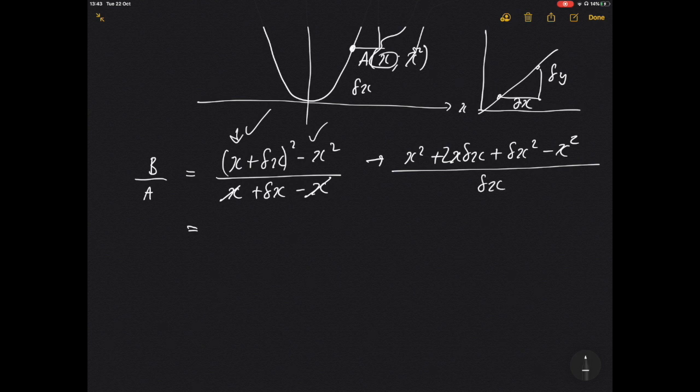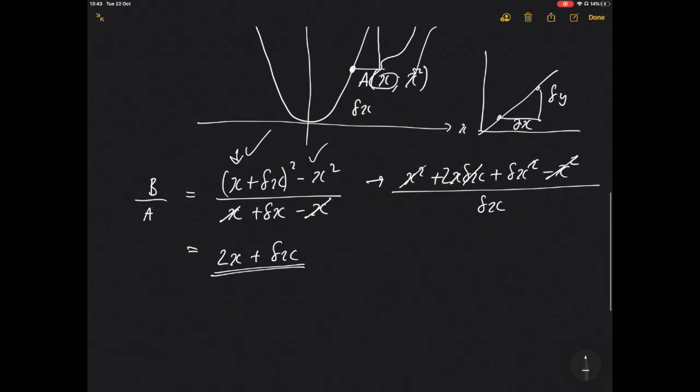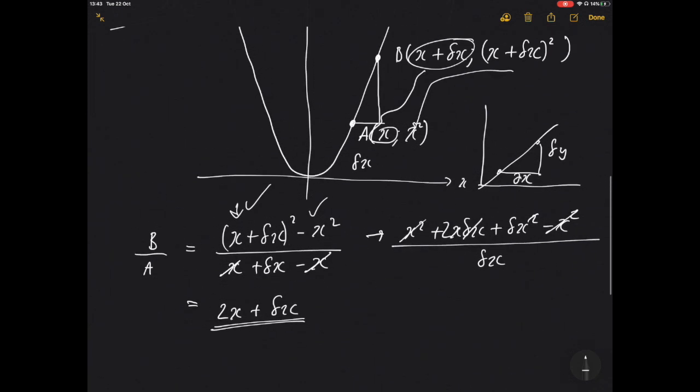We can see that we can cancel those two out, and then we have deltas in here, so that would be 2x plus delta x. So we've actually got an expression here which looks like 2x plus delta x. So that would be our expression of how these two points have changed.